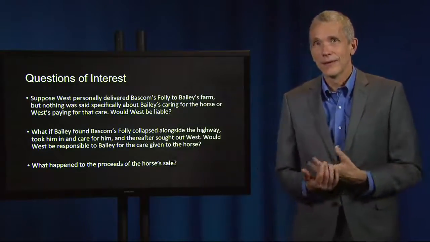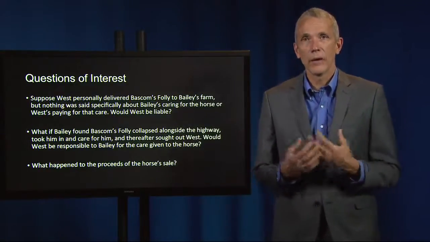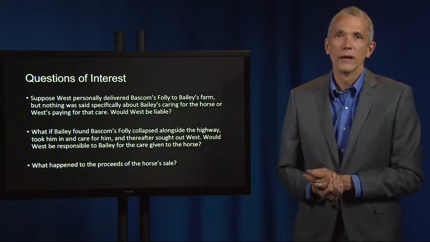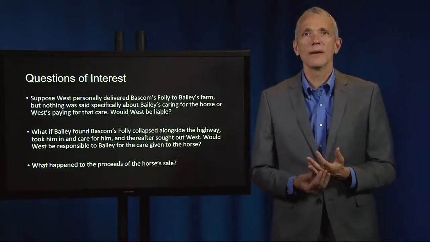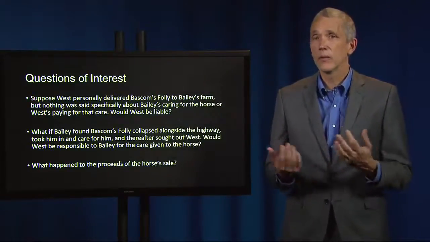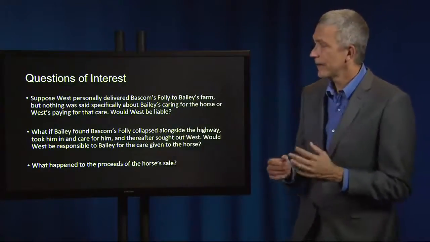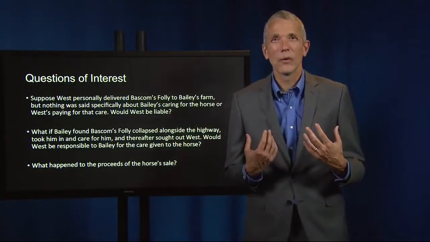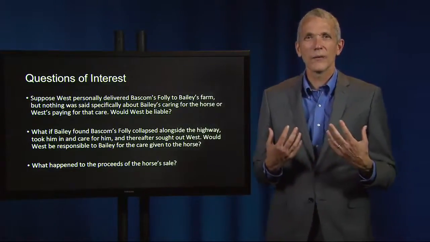In that case, Bailey conferred a measurable benefit on West, who was the owner of the horse, and Bailey would have a good excuse for not obtaining explicit agreement in advance because the horse was in immediate need of care. And finally, if West gets to keep the horse afterwards, then there's a good argument that there's unjust enrichment.